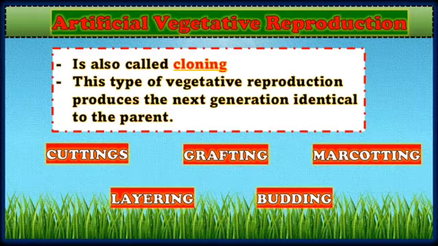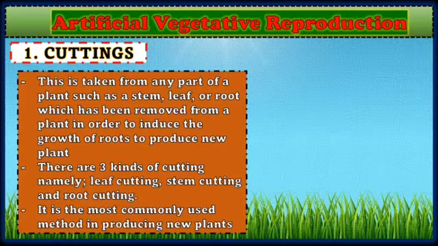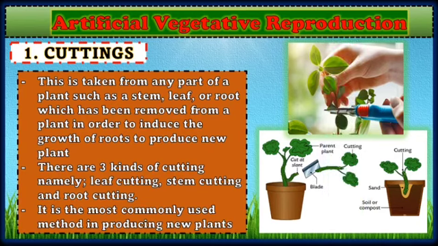So, first we have what you call the method of cutting. So, through cuttings, this is taken from any part of a plant such as a stem, leaf, or roots which can be removed from a plant in order to induce the growth of roots to produce new plant.